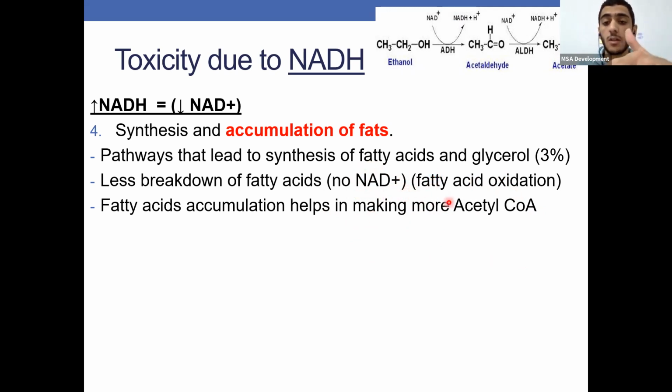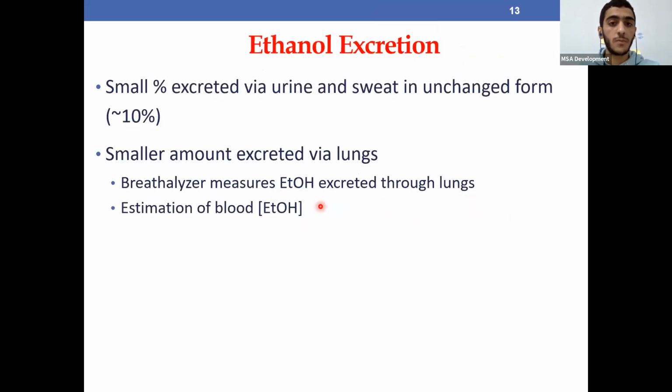And for this step, the fatty acid oxidation, since we can't break down the fat, there's going to be a buildup of fat. You don't need to know much about this part, just that there will be a slight synthesis, like 3% synthesis of new fat, and mainly there will be no breakdown of fat. Okay? All right. Now, that's all about them.